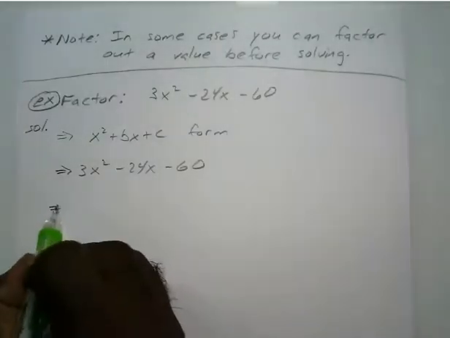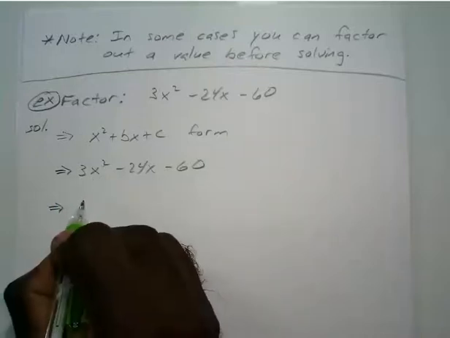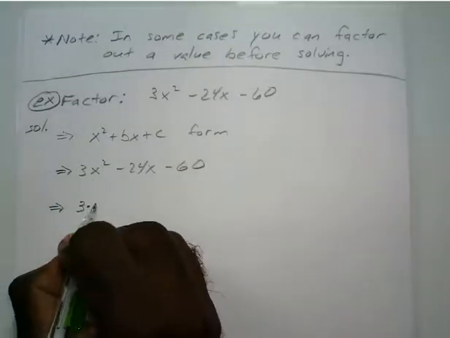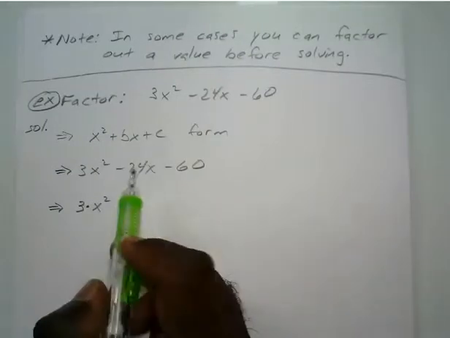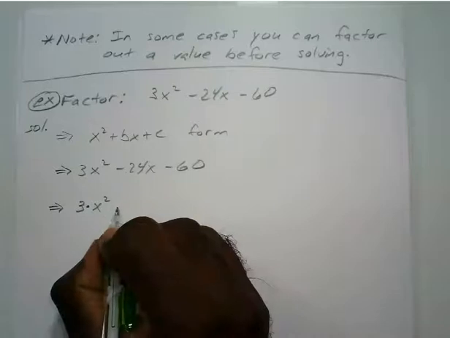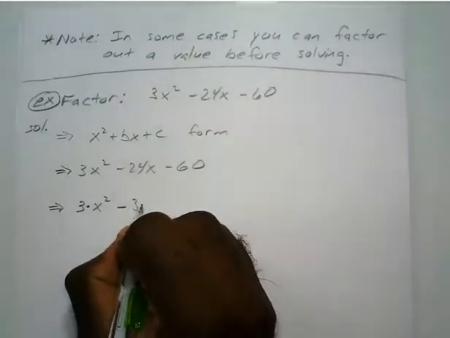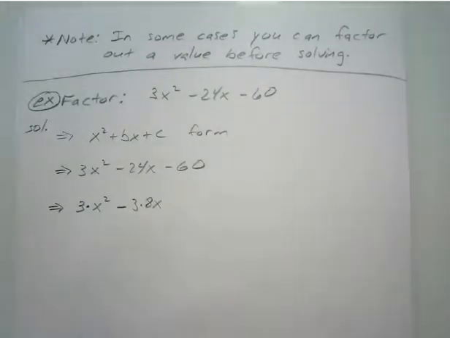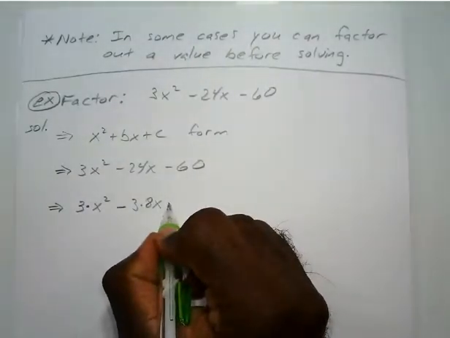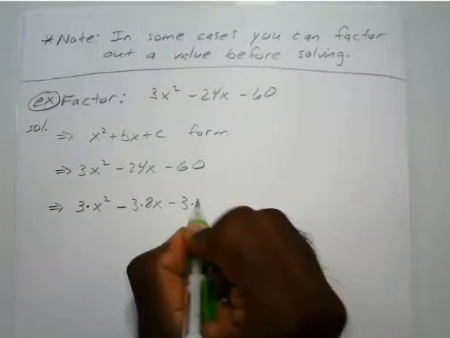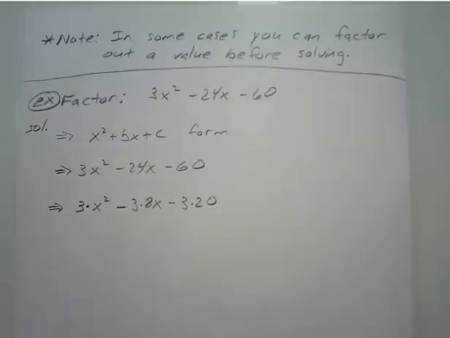Instead of 3x squared, I'm just going to write 3 times x squared. And instead of negative 24, what if I wrote minus 3 times 8x? And instead of negative 60, what if I wrote it as minus 3 times 20?